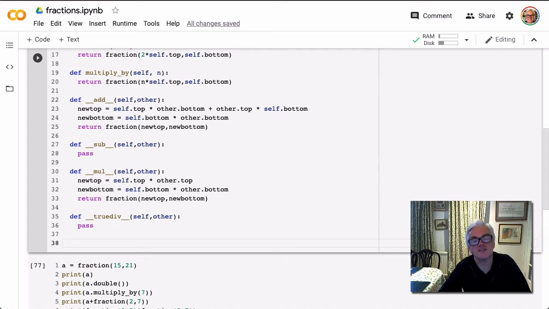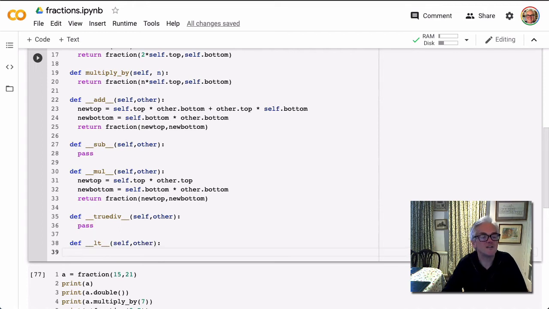There's another whole class of operators that we can do for this. What we can do is look at implementing comparison operators. So I can, for instance, define the less than operator, again for self and other, and we need to think a little about how we would understand that. Well, it's actually very similar to what we have going on with that sort of cross-product addition approach of times the top of one by the bottom of the other, if you think about it. So what I'm going to do for this is return a Boolean value.